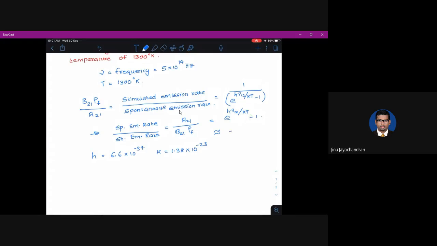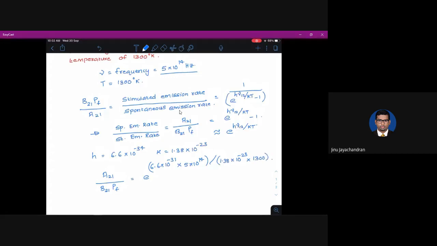So you can approximate it to be e raised to h nu 12 by k T. So your ratio of A21 by B21 rho F is equal to e raised to 6.6 into 10 raised to minus 34, multiplied by, sorry, there is one more term missing, h multiplied by nu, which is 5 into 10 raised to 14, divided by Boltzmann's constant 1.38 into 10 raised to minus 23 multiplied by the temperature, which should be in Kelvin.